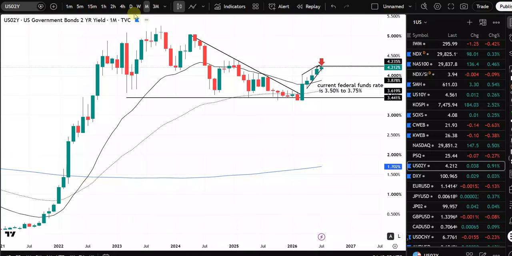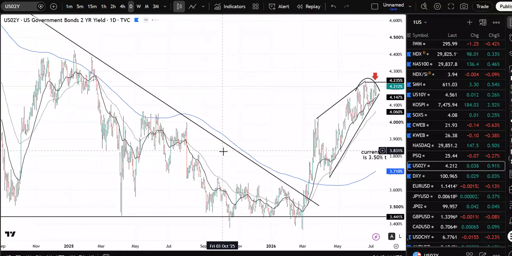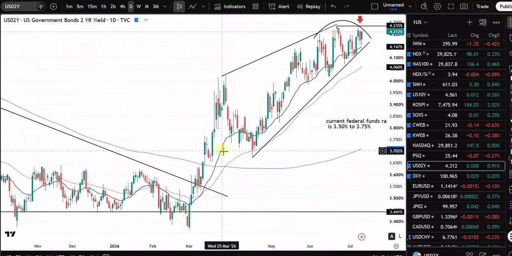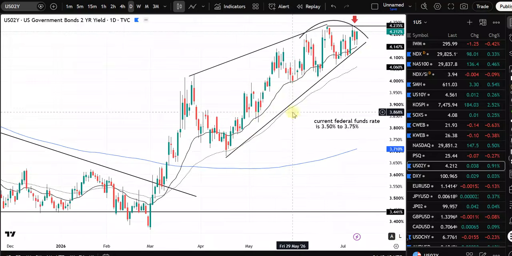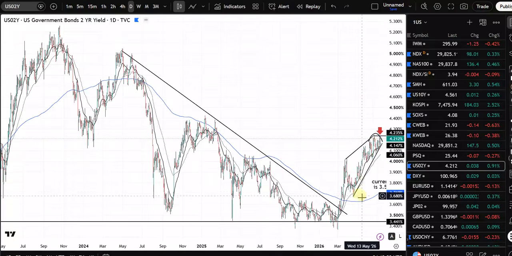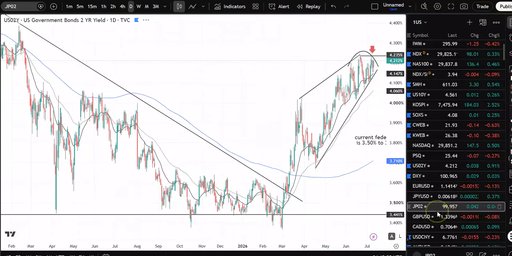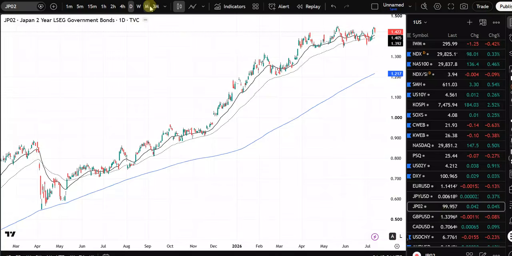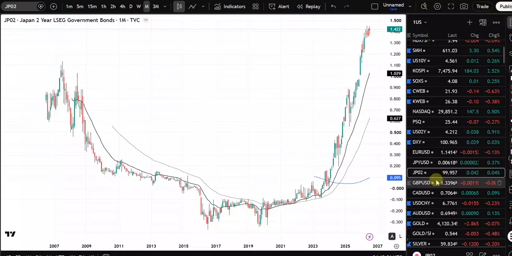Anyway, so US 2-year rates we're following as a sort of a guide for the US dollar and gold prices. So again, we're forming an inclining wedge. Hasn't broken yet, so you can't say the 2-year is broken down, but it's not going up as fast as the JPY. So there's a few things at play.